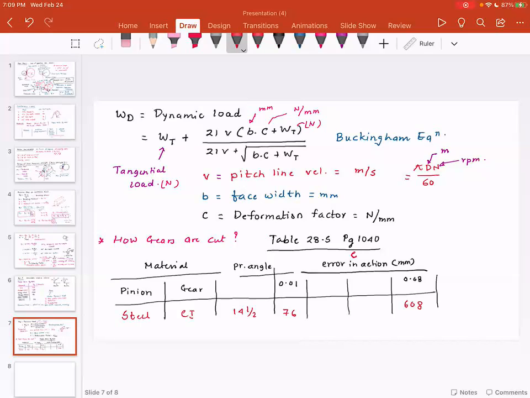And what does it mean to have a high deformation factor? Clearly, when you have a high deformation factor, the total dynamic load on the gear is going to be higher. So again, there is a sort of a balance that you have to maintain.